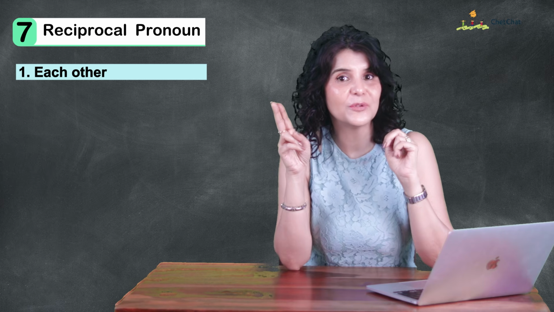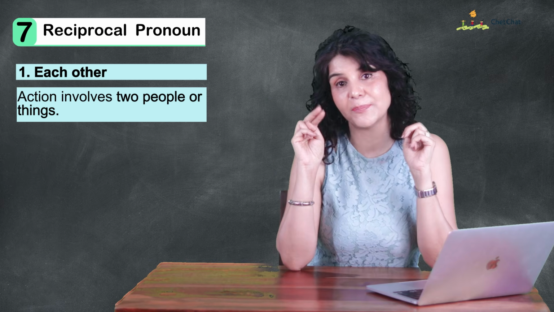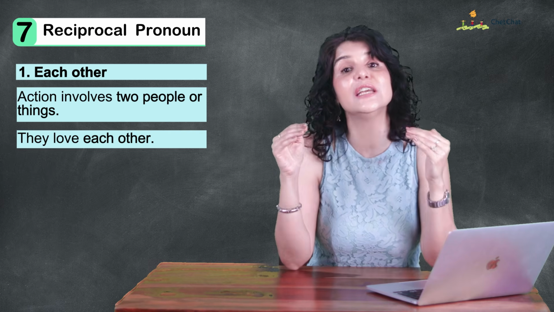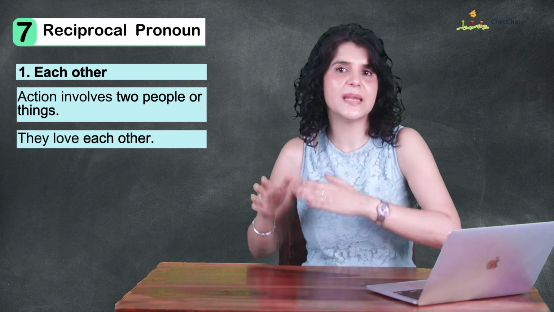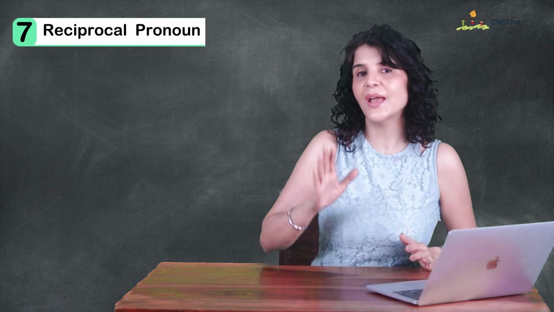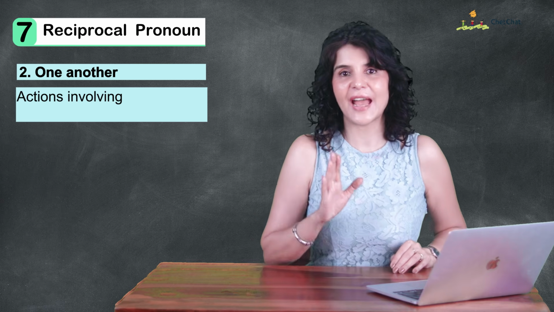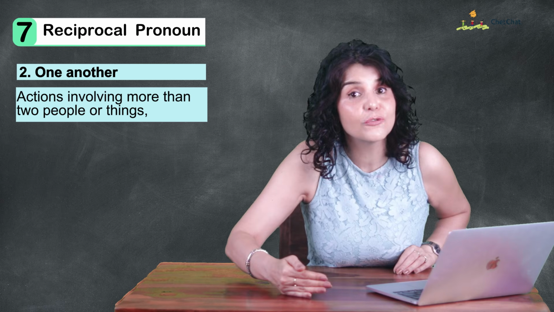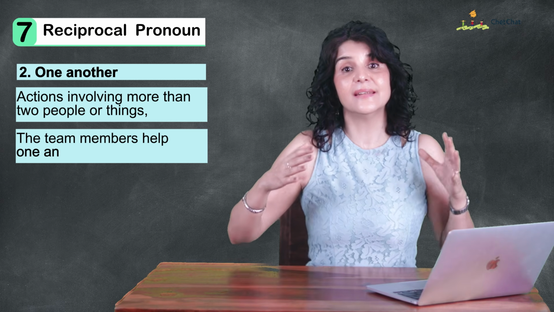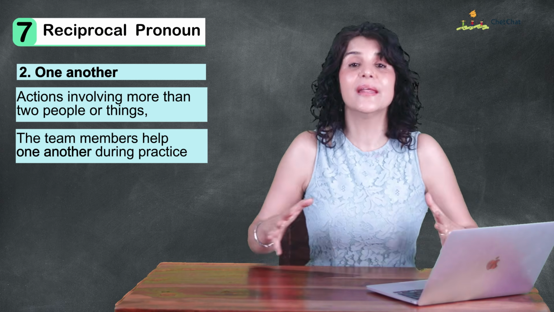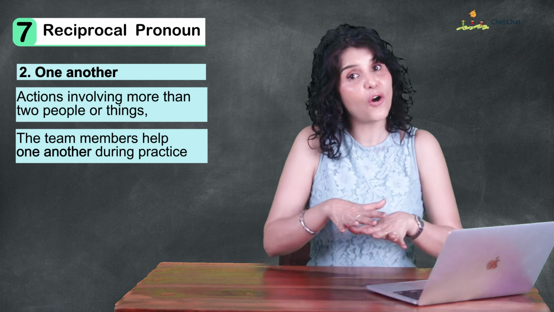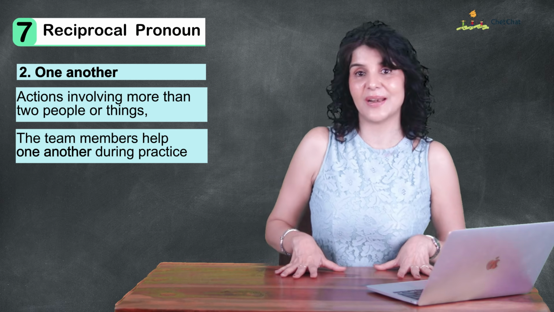Each other is used when the action involves 2 people or things. They love each other. Person A loves person B and person B loves person A. One another is used for actions involving more than 2 people or things. The team members help one another during practice. All the members help everyone else.